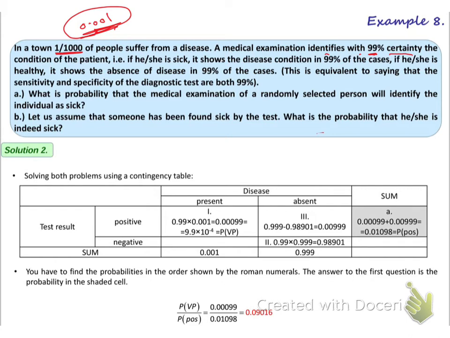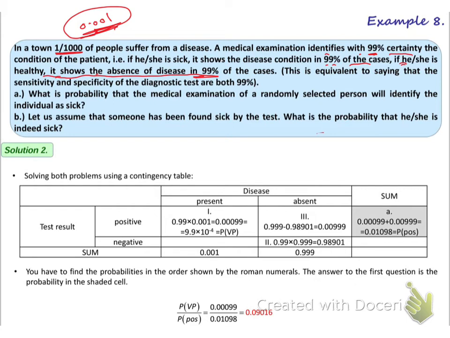And it says also here that it shows the disease condition in 99% of the cases. If she or he is healthy, it shows the absence of the disease 99%. It will not show 100% that they are healthy, that they don't have the disease.